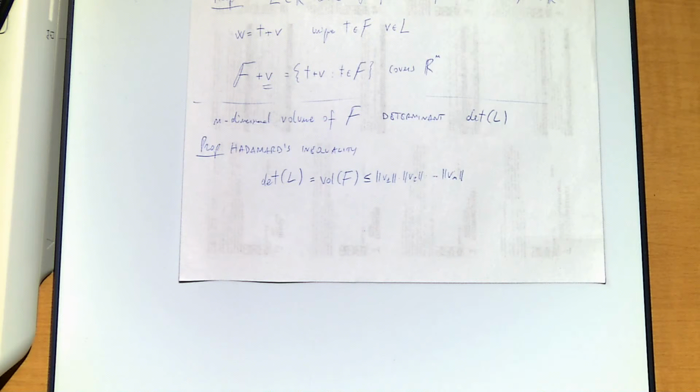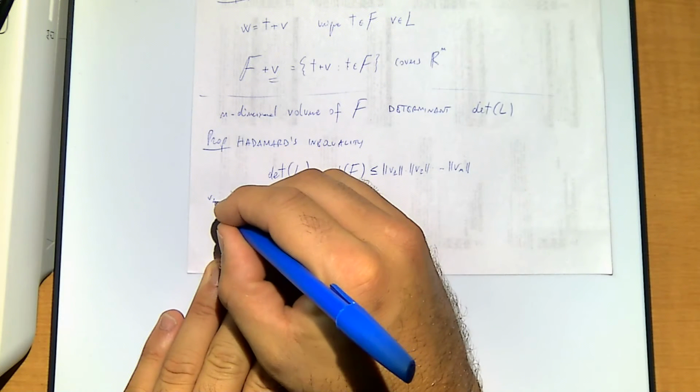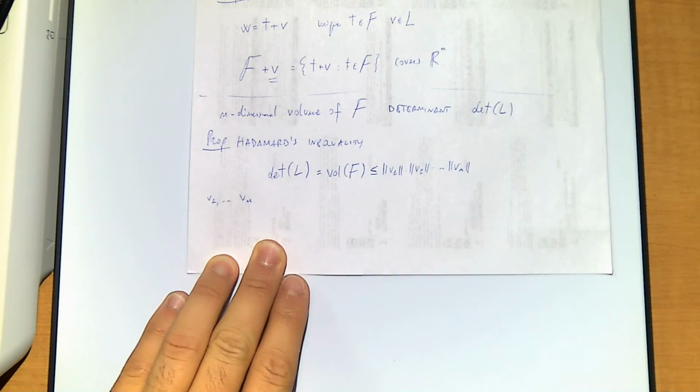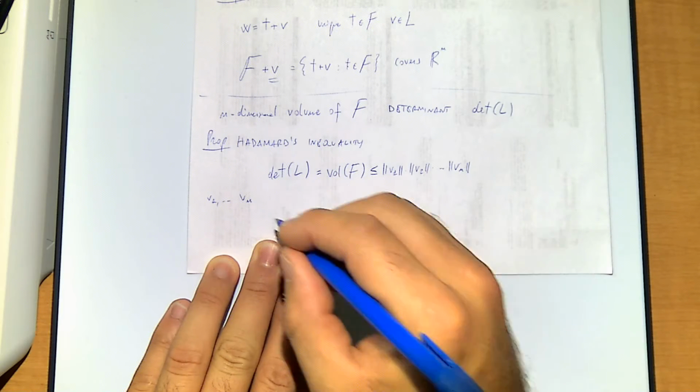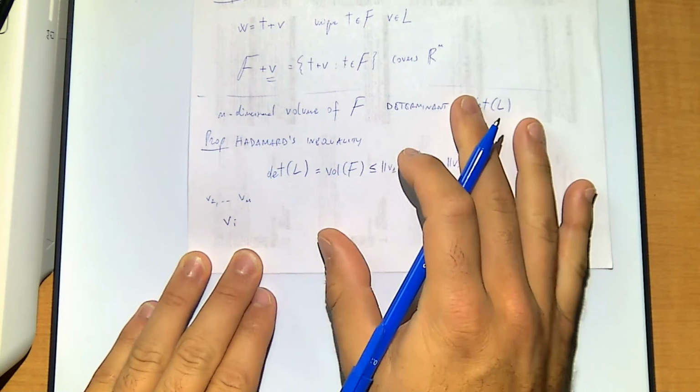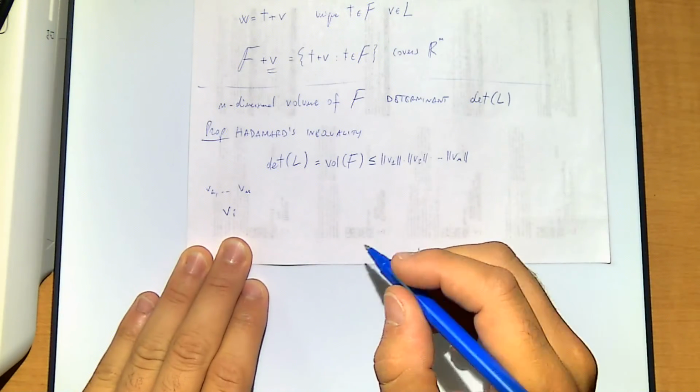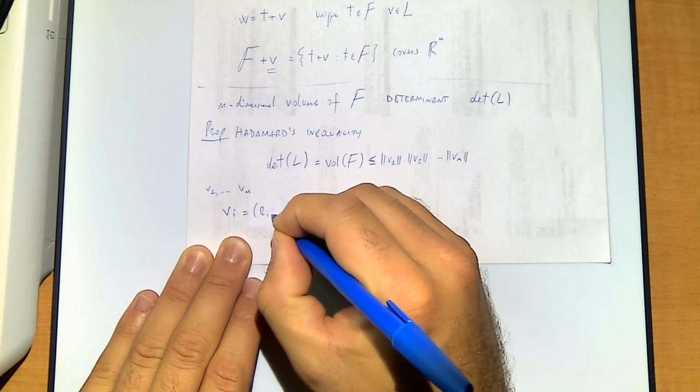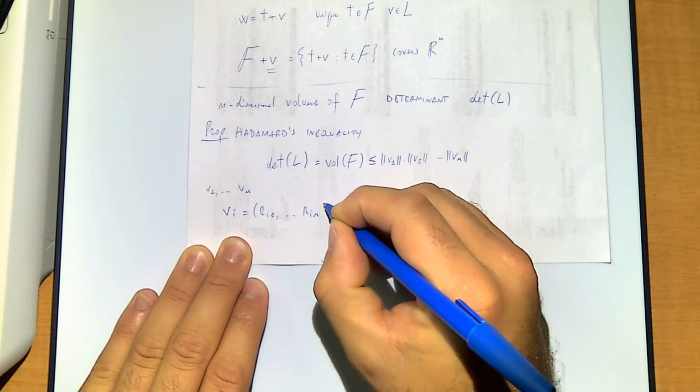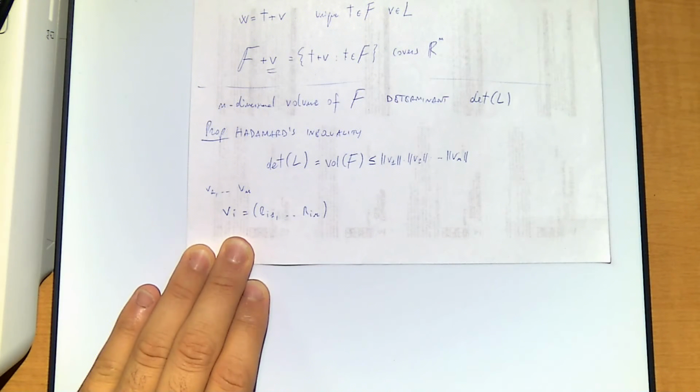In fact, what we can do is write the vectors as rows of a matrix. Suppose my basis is V1 to Vn, and I express each Vi as Ri1 to Rin, and I put them all in a matrix.